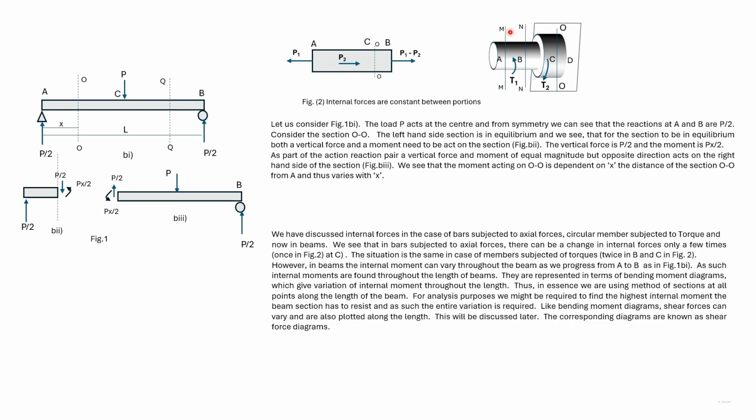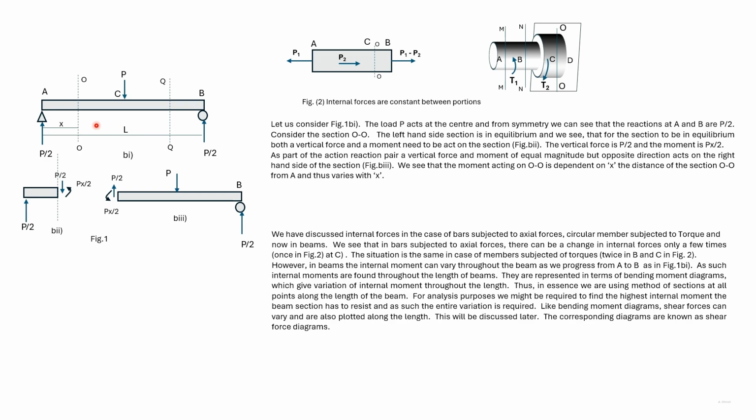This is because the axial force or torque remains equal for a portion of the bar. This will not be the case if there's continuous variation, but we normally don't deal with cases of continuous variation of torque and axial force.